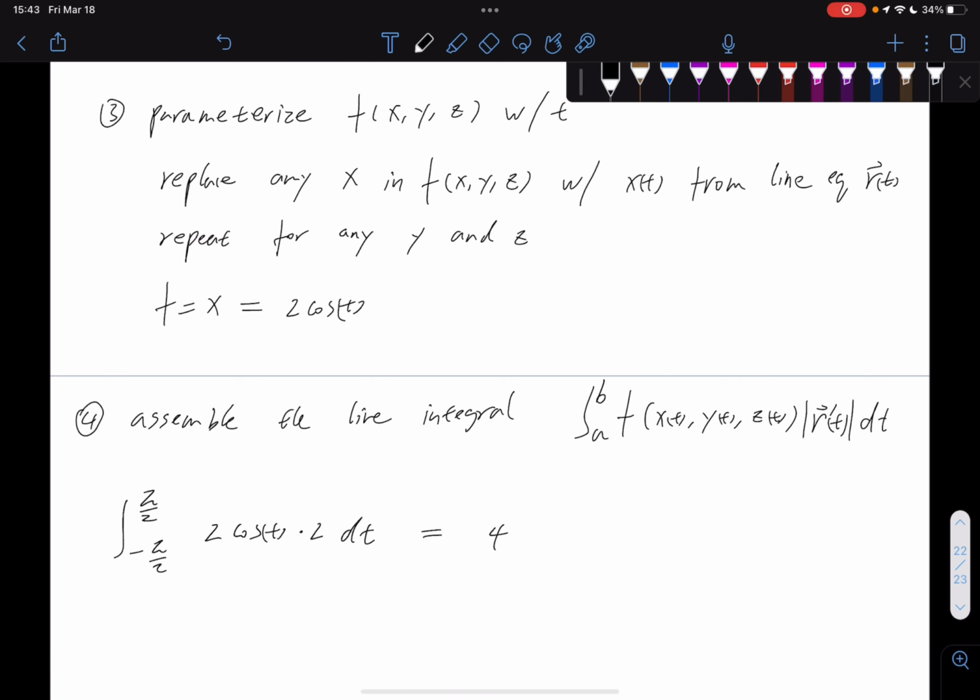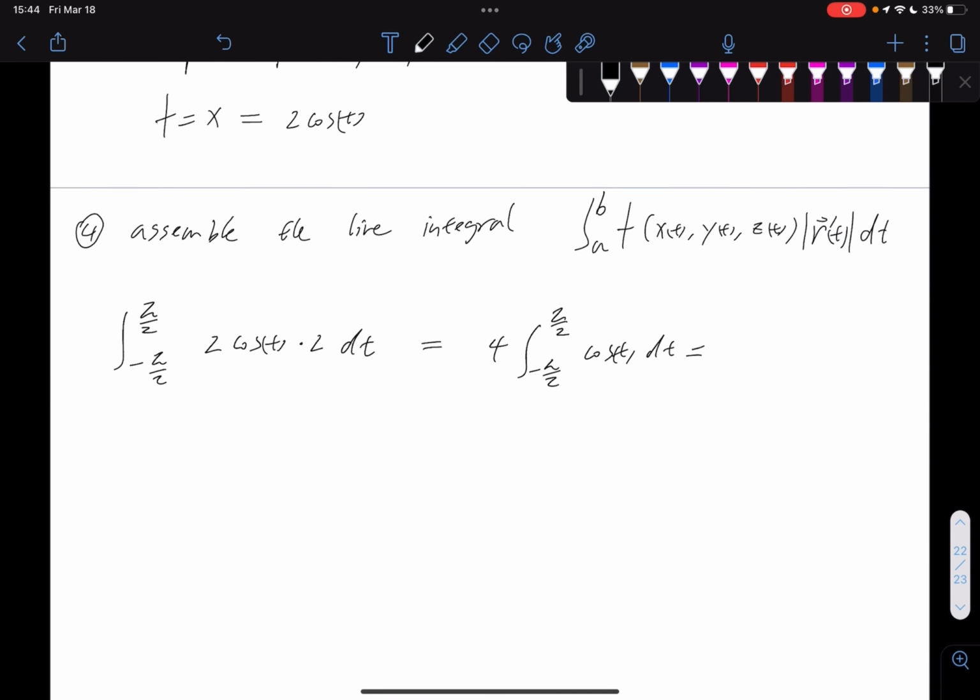That's 4 times the integral of cosine t dt, which is 4 times sine t from negative pi over 2 to pi over 2.